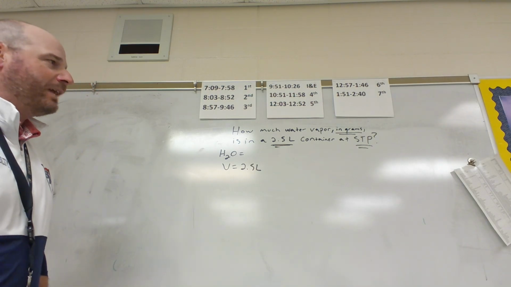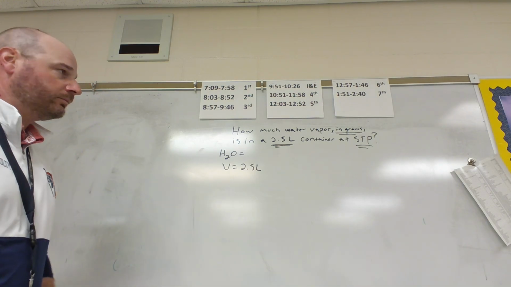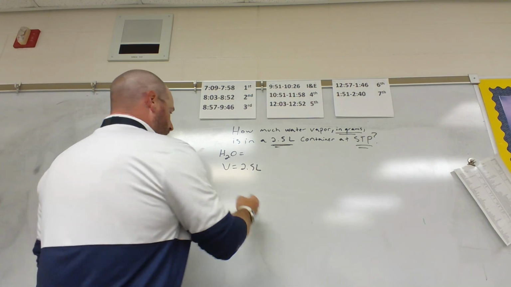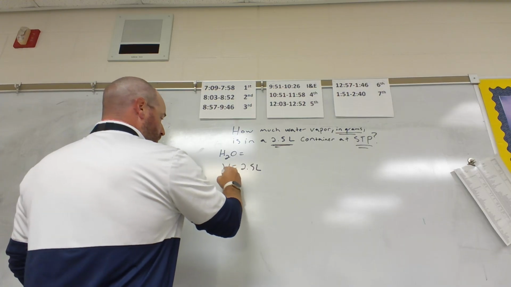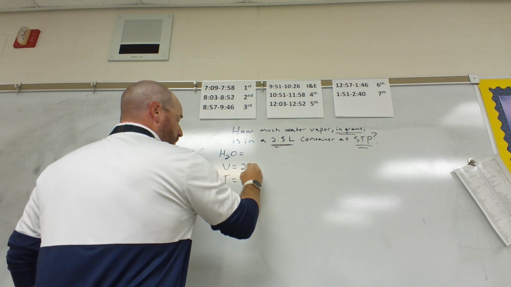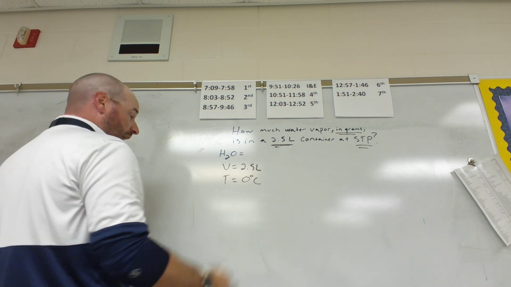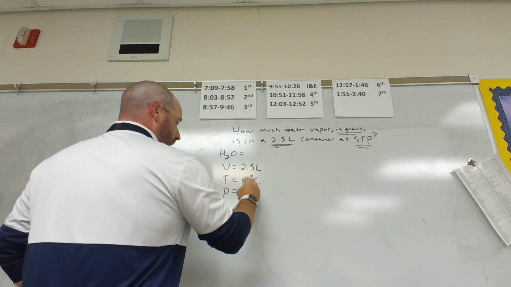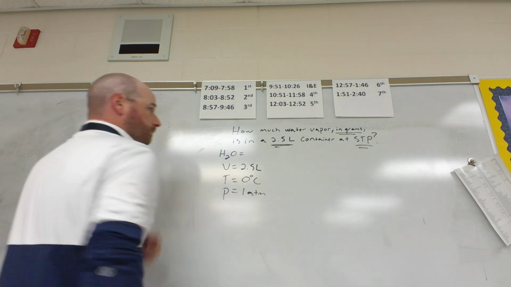All right. And we know that we have STP. And STP can mean, as far as our temperature goes, 0 degrees Celsius. And also for pressure, that gives us 1 ATM.